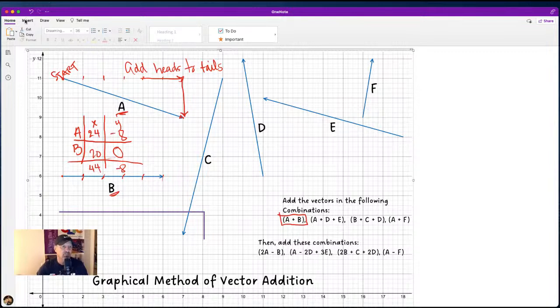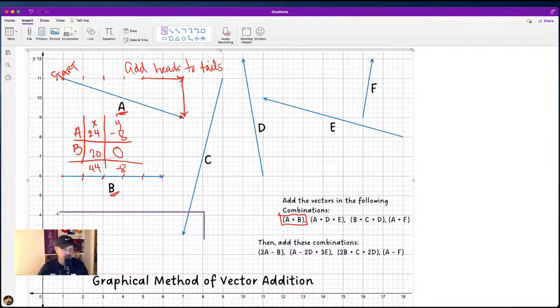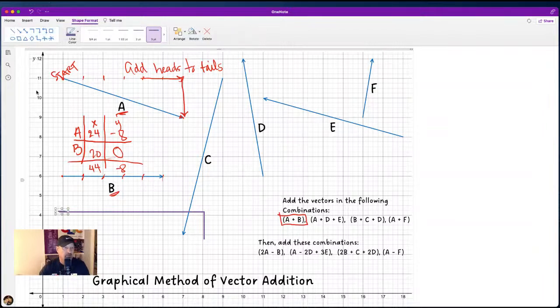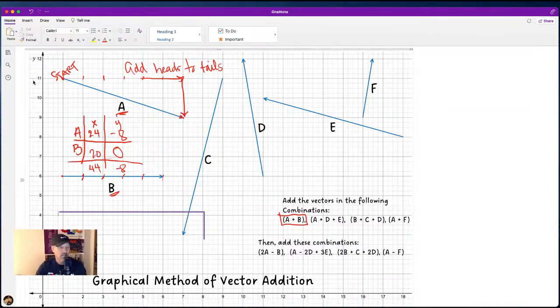And then our resultant vector would be from where we start to where we end. It would start here, end here. We'll make that one an arrow.